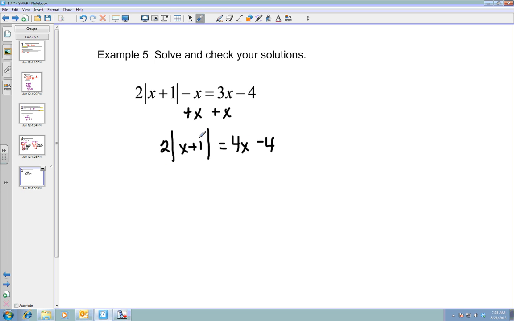Now I need to isolate my absolute value by getting rid of this 2. This is 2 times that, so I'm going to divide everything by 2. So now I have absolute value of x plus 1 equals, divide this by 2, so 4 divided by 2 is 2x, minus 4 divided by 2 is 2.